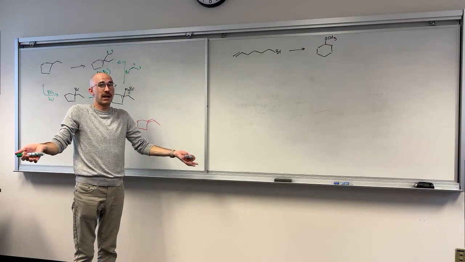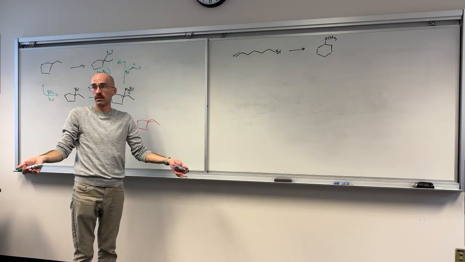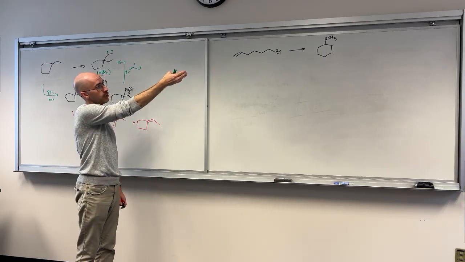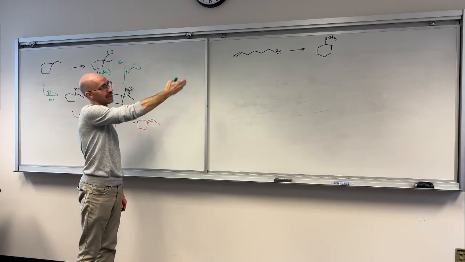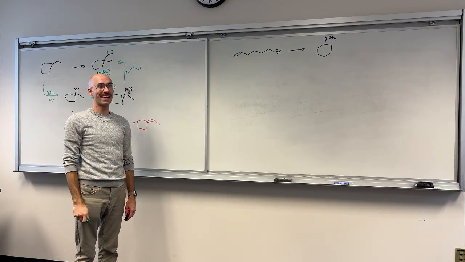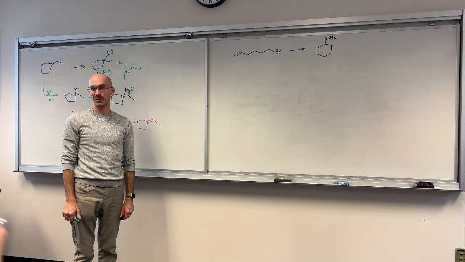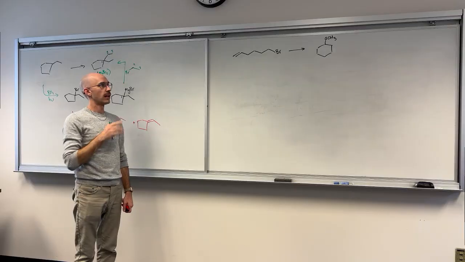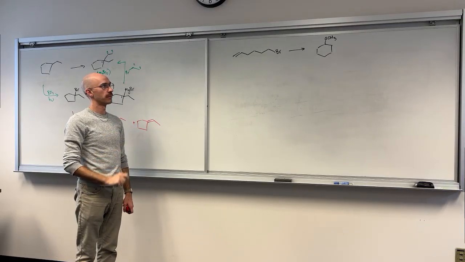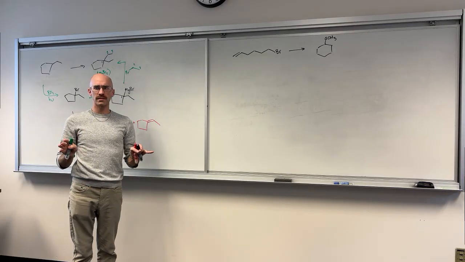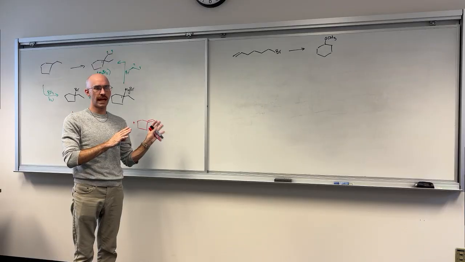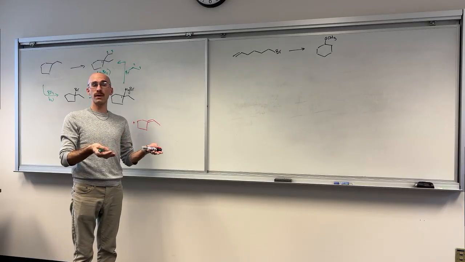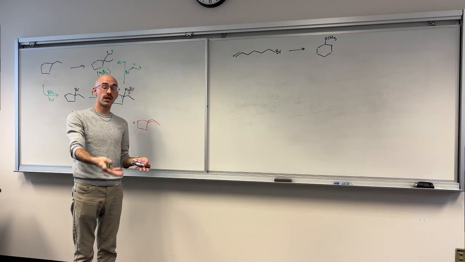Which one should attack which? I don't know. And which of those carbons in the chain is the carbon in the ring with the ether? Also, I don't know. Well, I know. I'm going to try to convince you guys how to know too. Okay, there are a lot of ways that we can use an alkene. Is there a way that we can use an alkene that generates an ether?